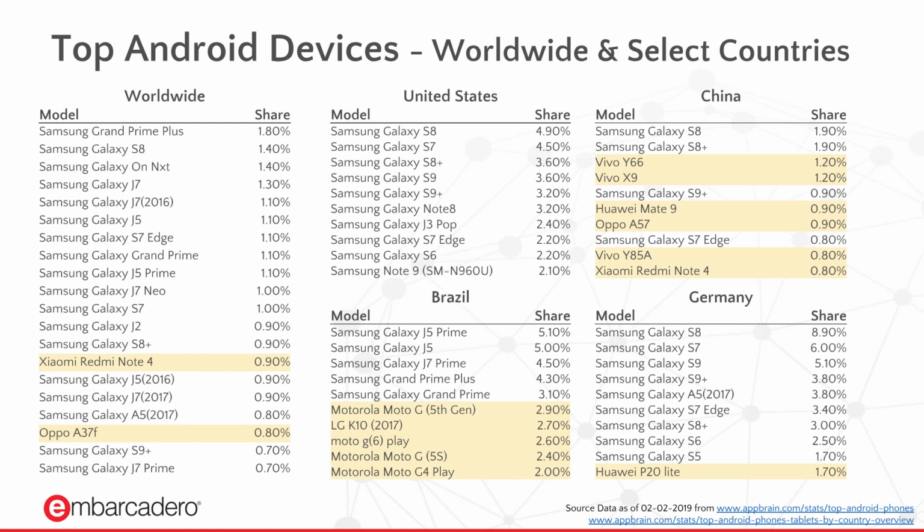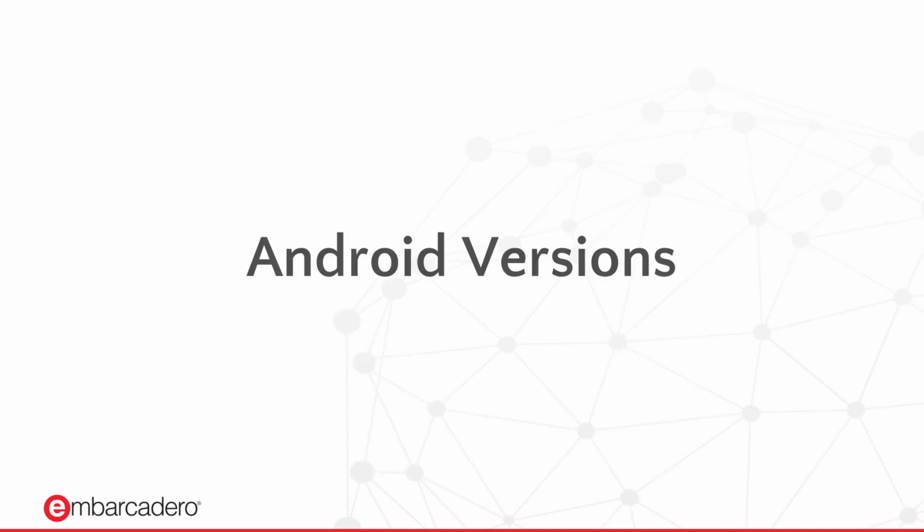Well, the first 5 are Samsung, and then the second 5 are non-Samsung, and then beyond there, who knows. But I just want to give you an idea of the wide variety of devices that are out there running Android, and then specifically, how many of them are Samsung devices.